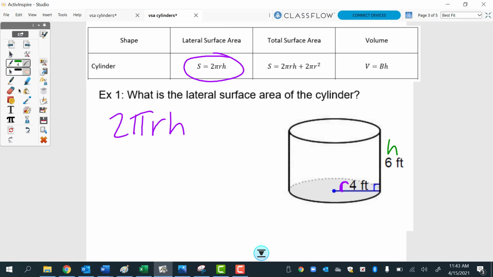And then we're going to just plug these things in where they go. So 2 and pi still there. But now R is 4. H is 6. Okay, great. We're going to type it in Desmos.